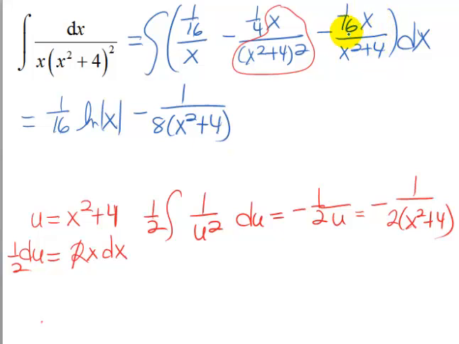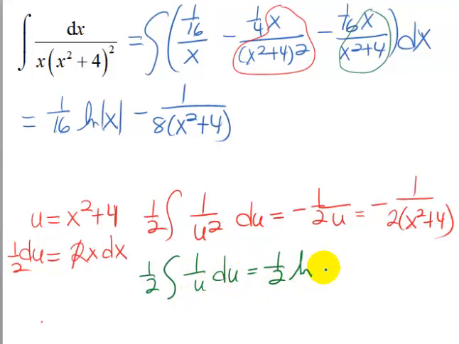Now if I look at this third one, I'm going to do the negative 1/16 in a minute again. And so I can do a u substitution again using the same thing. So I'm going to have a 1/2 integral 1 over u du. So that's going to be 1/2 natural log of u, but u was x squared plus 4.